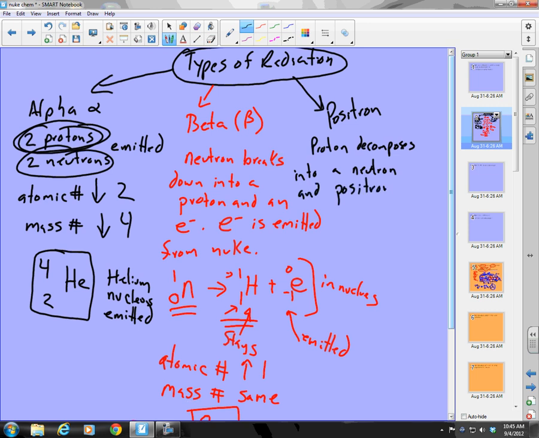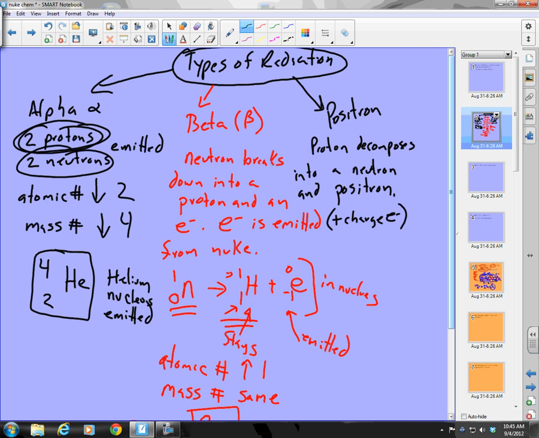Now, what's a positron? A positron is really a positively charged electron. So it has the same mass as an electron, but an opposite charge. It's what we call antimatter, right? The positron is antimatter of the electron.